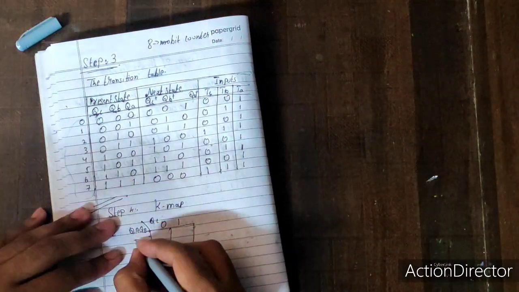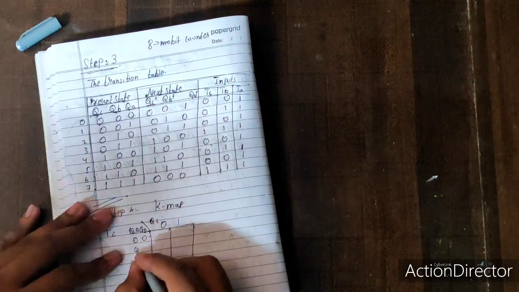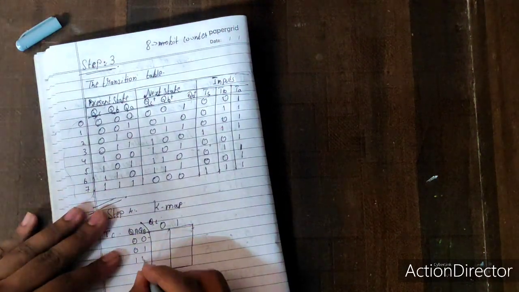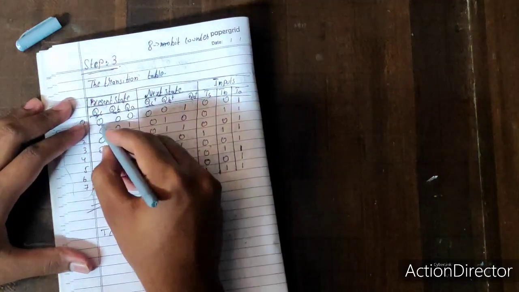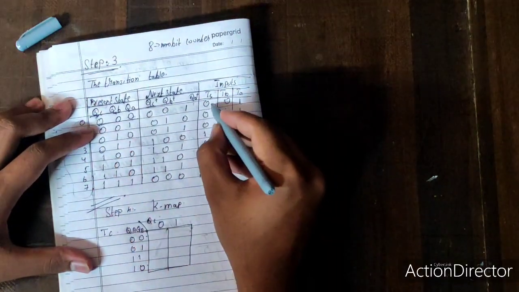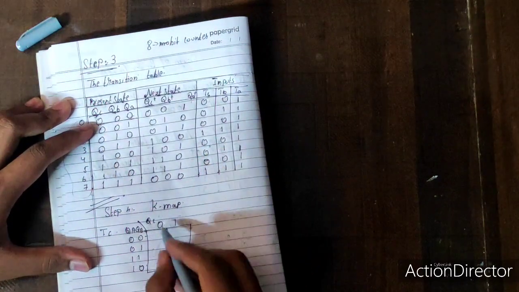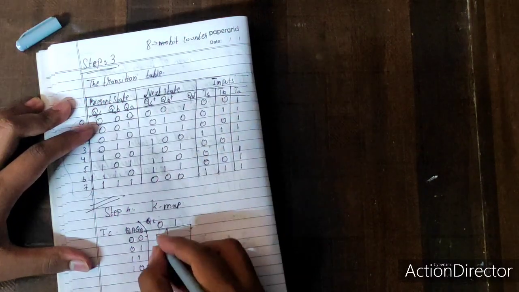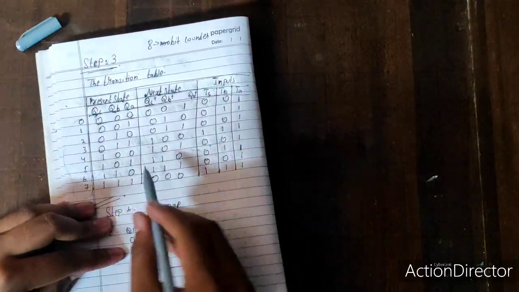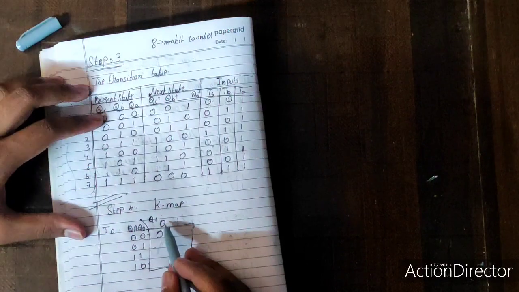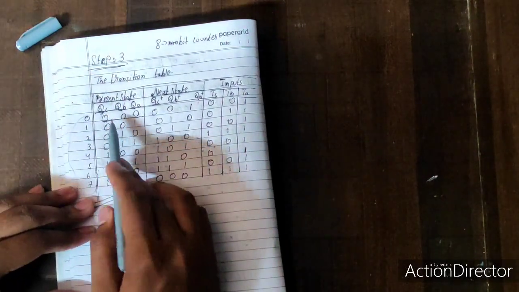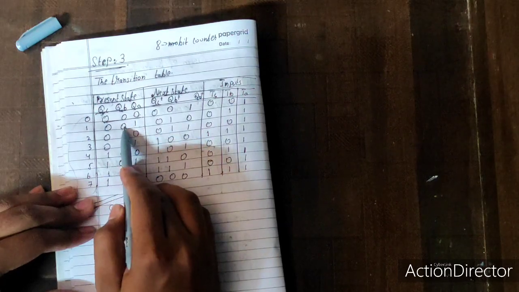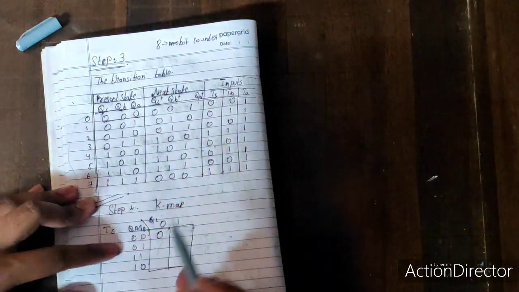So here the combination will be 0, 0, 0, 1, 1, 1, 1, 0. Now we need to fill the values in the KMap based on these corresponding values. As it is 0, 0, 0, the value goes here, 0. As we can see, 0, 0, 1. So QC is equal to 0, QB is equal to 0, and QA is equal to 1.